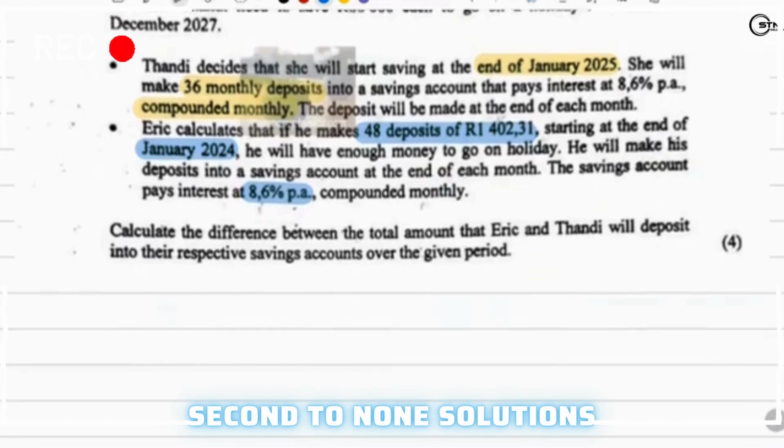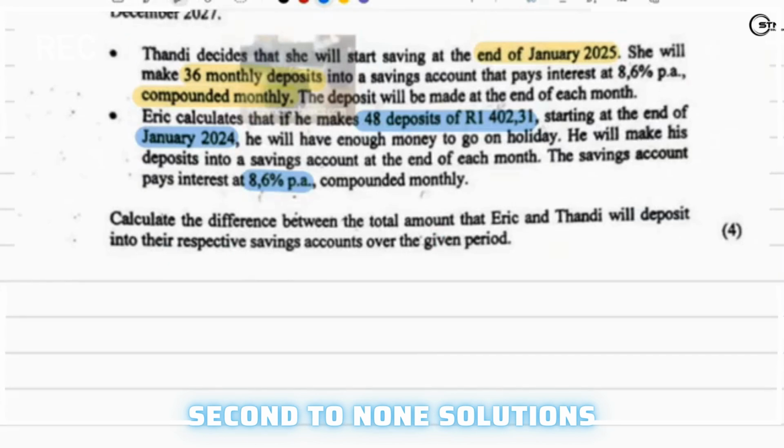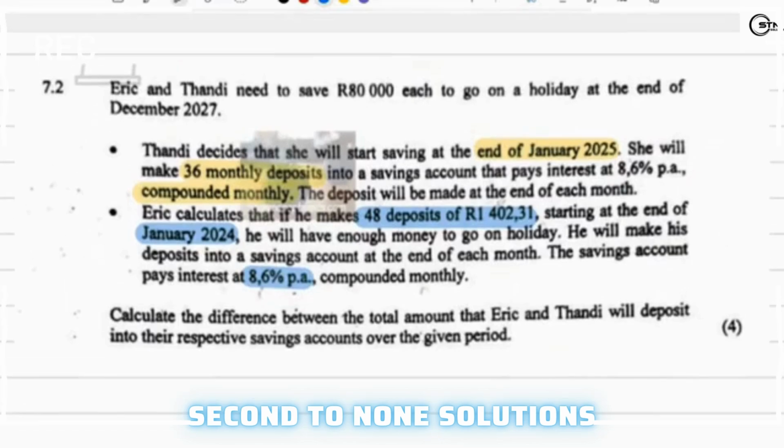So same thing. So the question is, calculate the difference between the amount that Eric and Tandy will deposit into their respective savings accounts over the given period. So we're looking at the difference, meaning we're going to calculate how much they're going to deposit, not really their future value. We know how much they want to save.